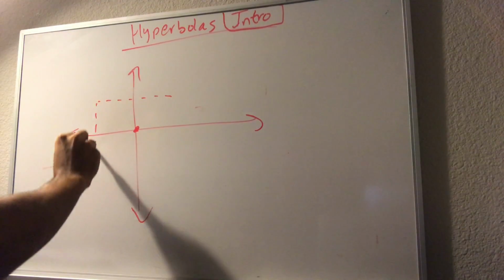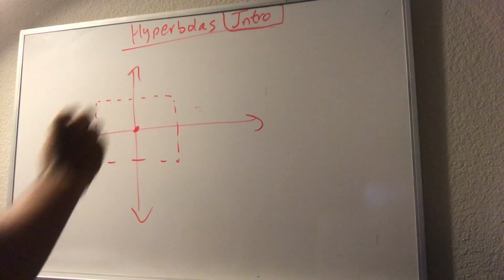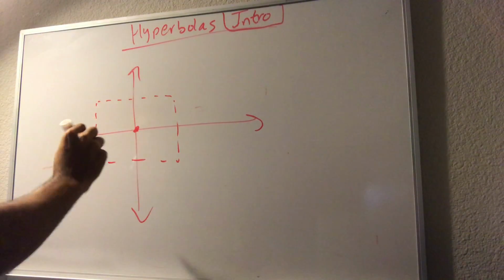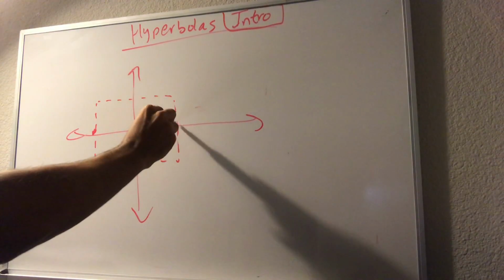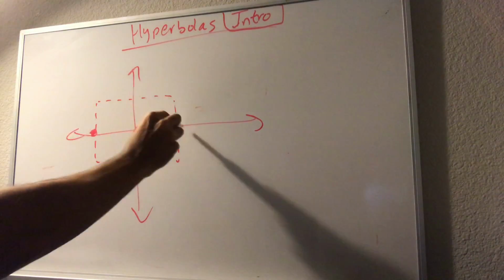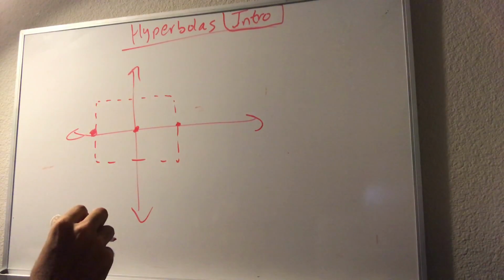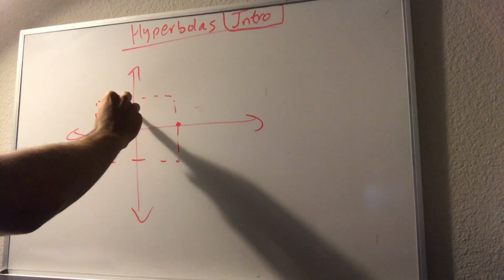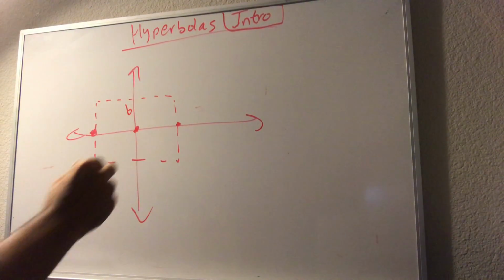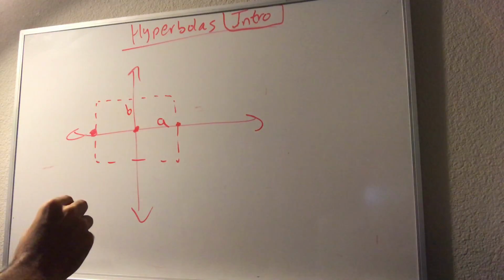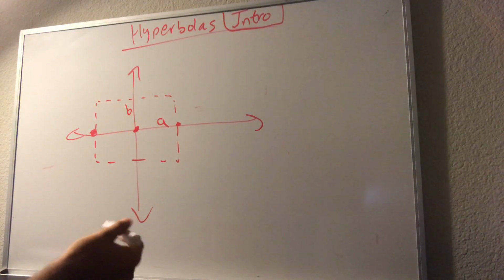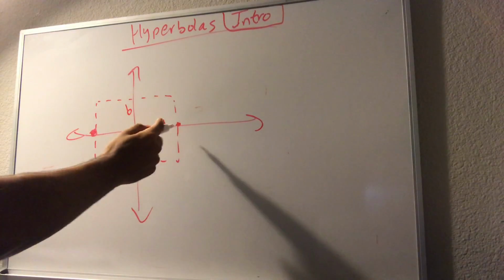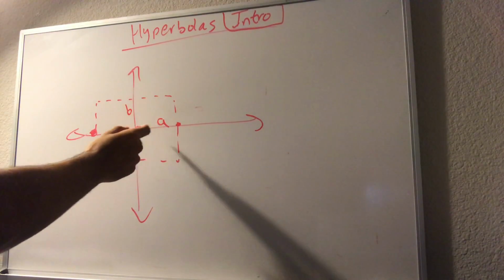You have a point over here, and another point here. Obviously this is your center point, and this would be your B, and this would be your A. Again, we don't know whether A is larger than B or B is larger than A, but we know that this value over here is A.